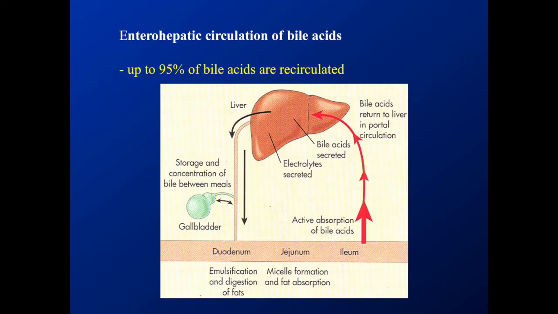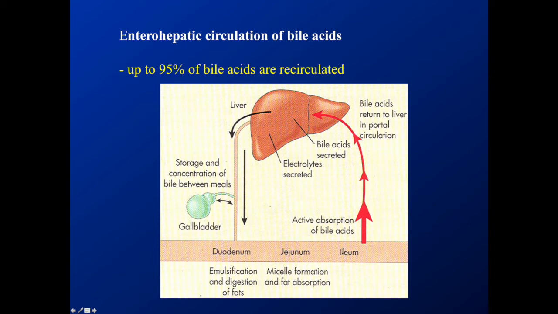So this is the circulation that I briefly mentioned, and about 95% of bile acids are recirculated. So they're created in the liver and then stored in the gallbladder and then secreted into the duodenum for the emulsification and digestion of fats through micelle formation and fat absorption.